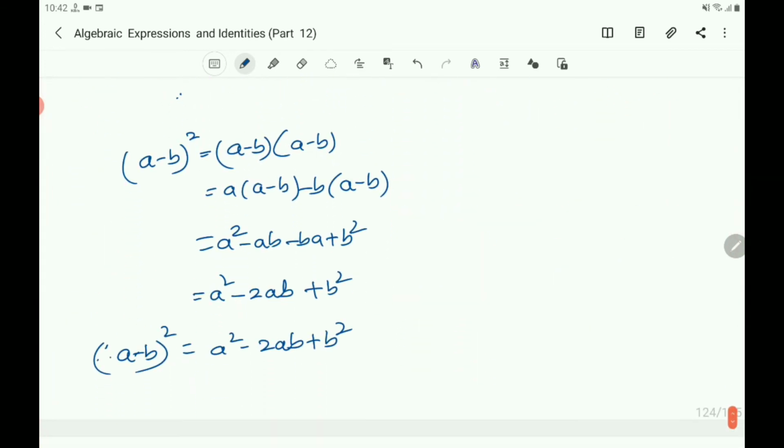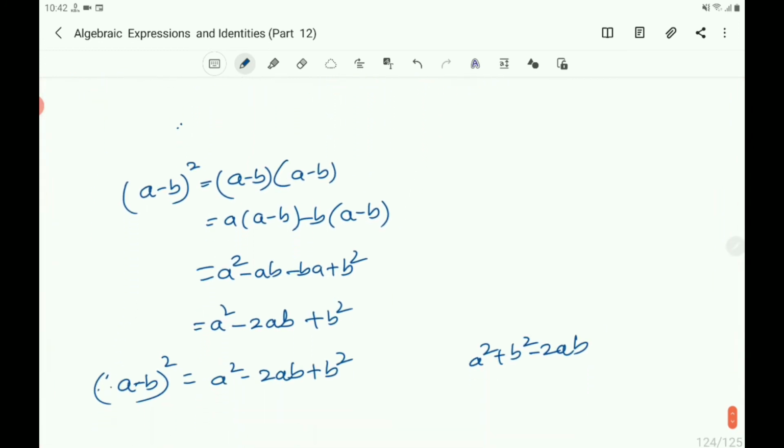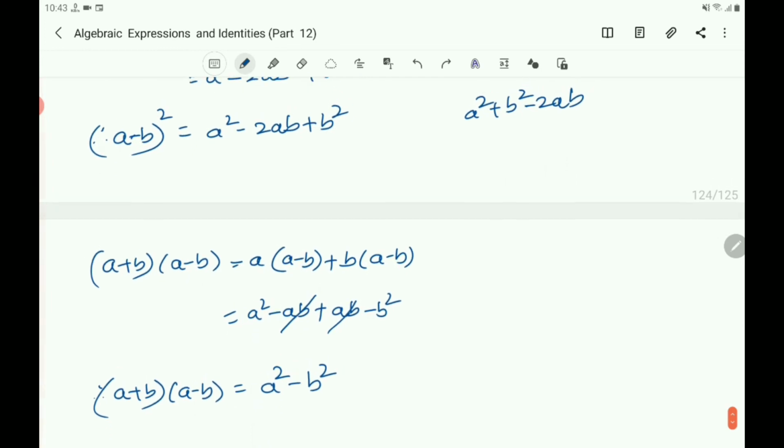And here also you can write a square plus b square minus 2ab. Here you can observe the difference, plus 2ab and minus 2ab. And the third standard identity is the product of the sum and the difference of two terms, (a plus b) into (a minus b). So (a plus b) into (a minus b) equals a square minus b square. So you got the product.